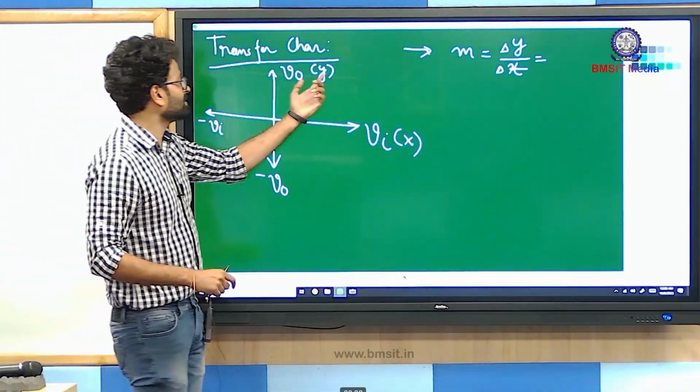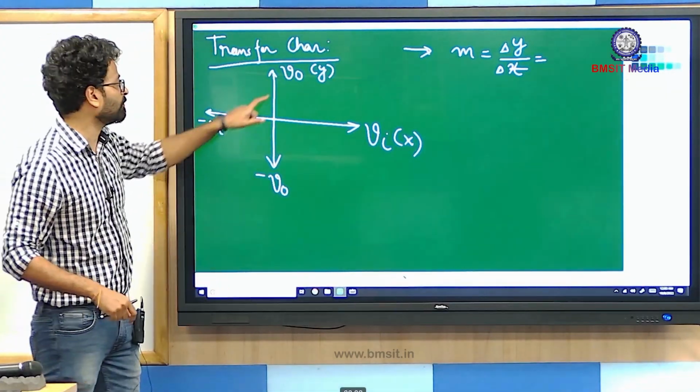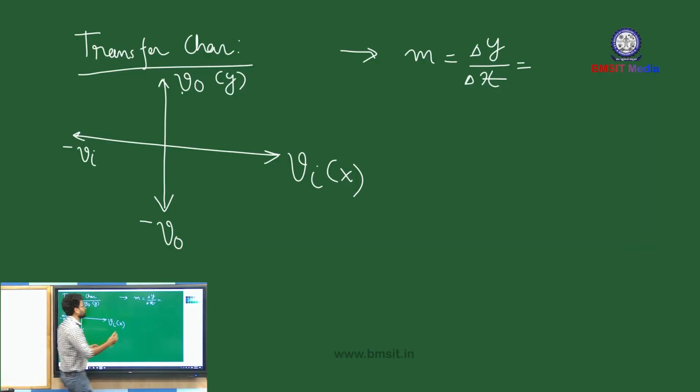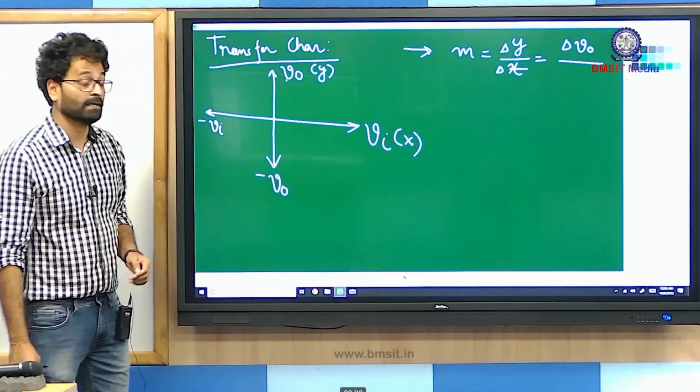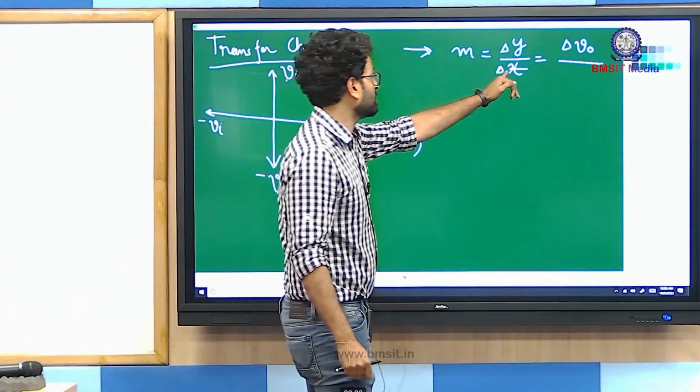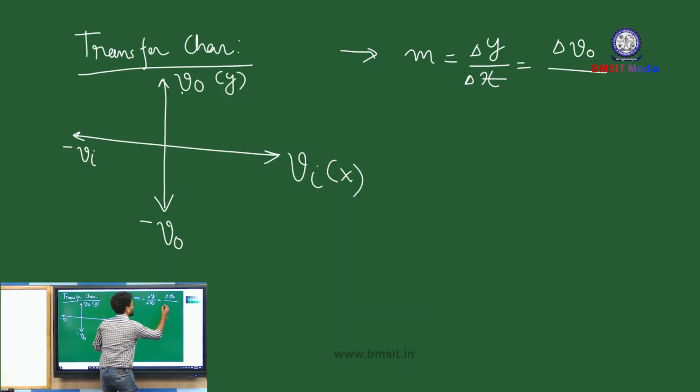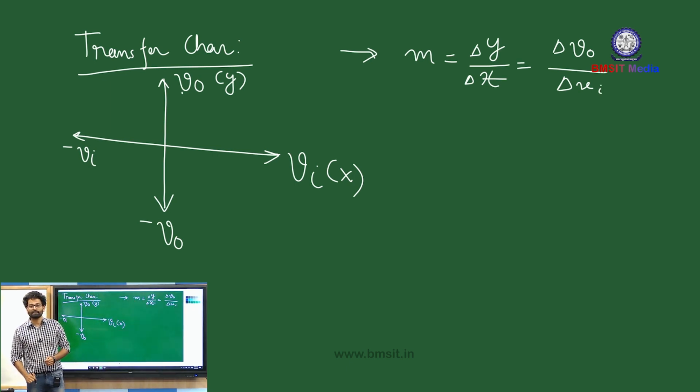So a small change in the y variable is nothing but delta V0, and a small change in the x variable corresponds to delta Vi. If we take the ratio delta V0 by delta Vi, we are going to get the slope.